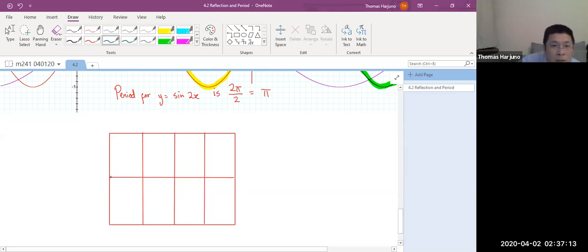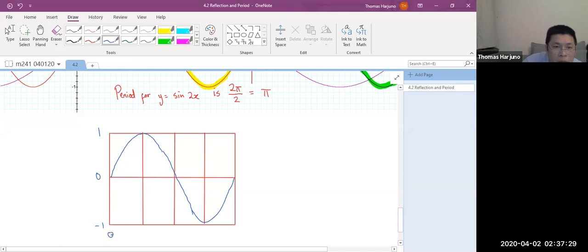The graph is still the regular sine graph. The center is 0, the maximum is 1, the minimum is -1.